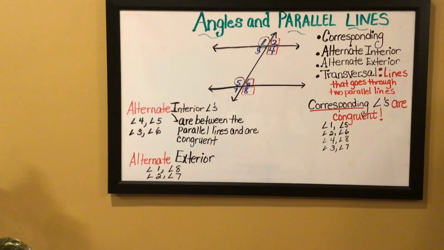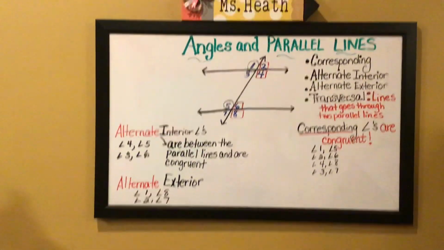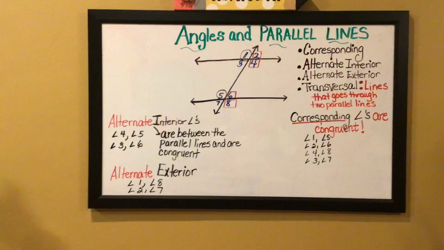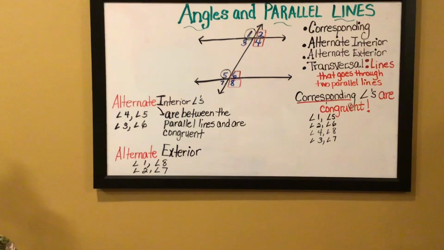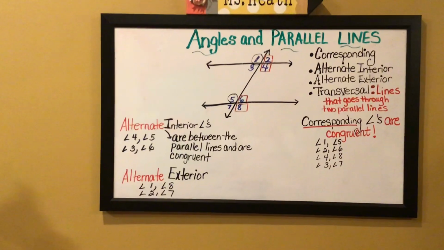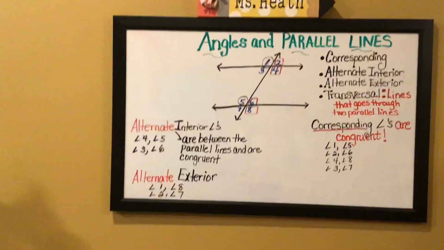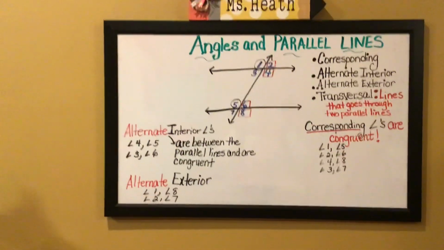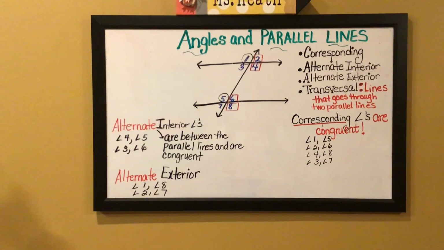Can you name any other alternate interior angles? And I just did that for you. Now, 4, 5, 3, and 6 are considered alternate because they are on opposite sides of the transversal line, and they are congruent.